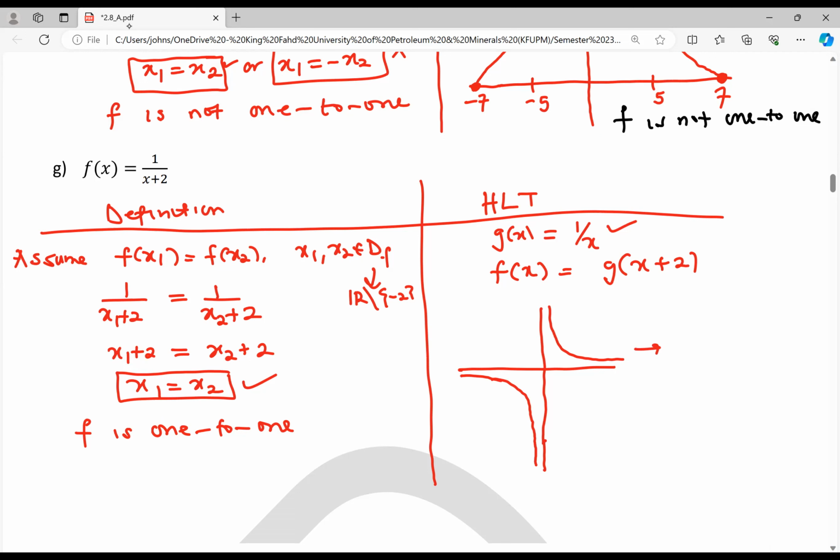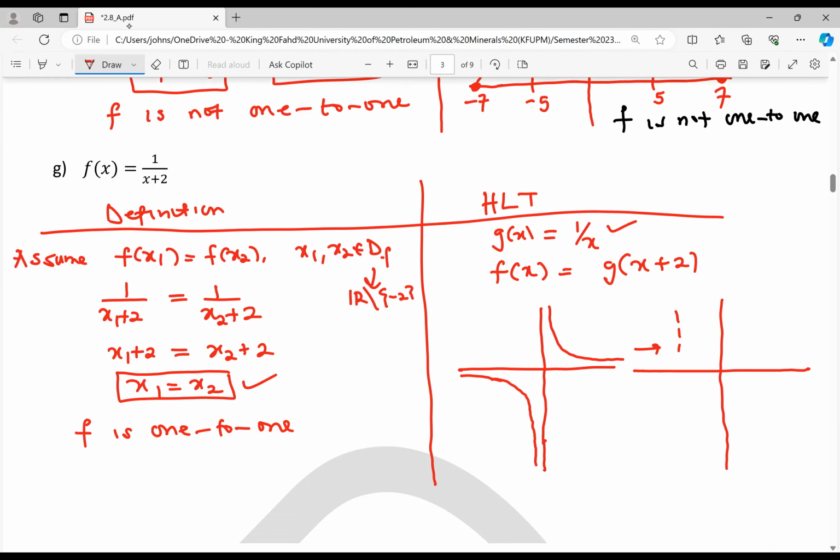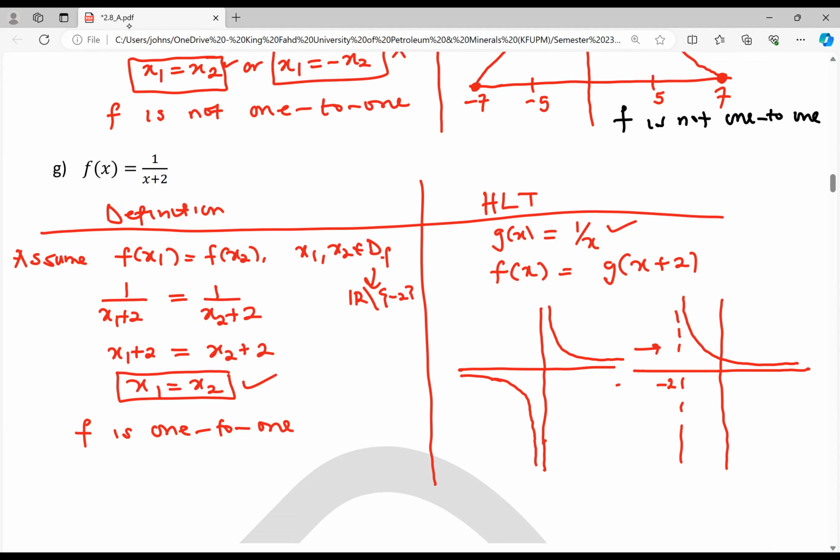By transformation, this will be minus 2, right? And then you will have this one here, and also this one here. So this is your g of x, and this is our f of x. So we just shifted it 2 units to the left.